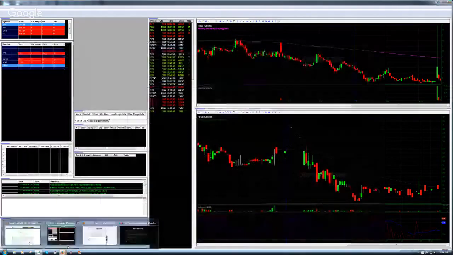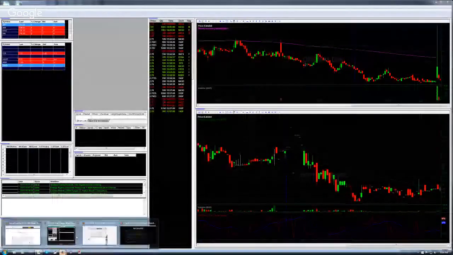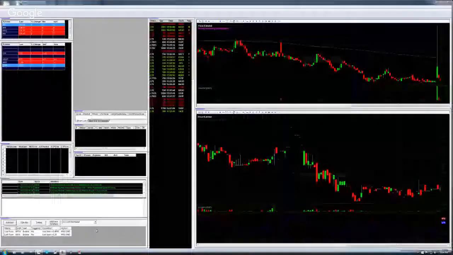If you don't know what the float is, the easiest way to find it is on FinViz. The second easiest way is probably Yahoo Finance.